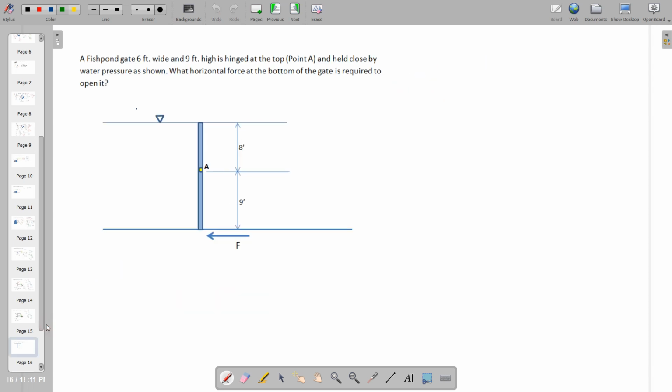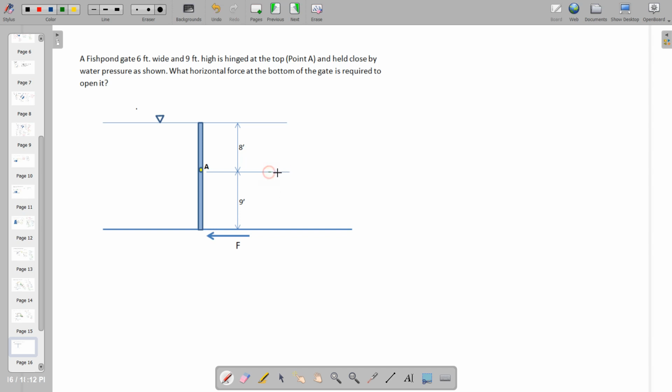So moving on to the next problem, we have here a fish pond gate that is 6 feet wide, hinged at the top and held closed by the water pressure as shown. What horizontal force F acting at the bottom of the gate is required to open it?